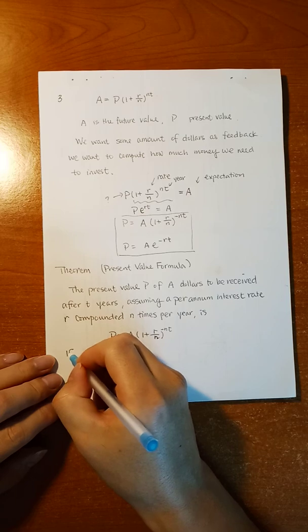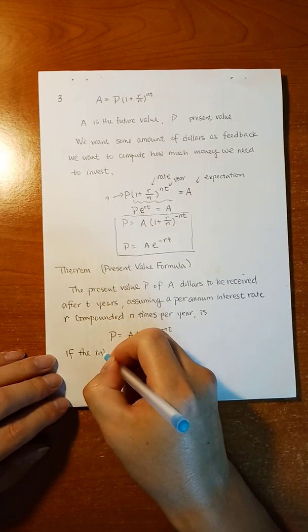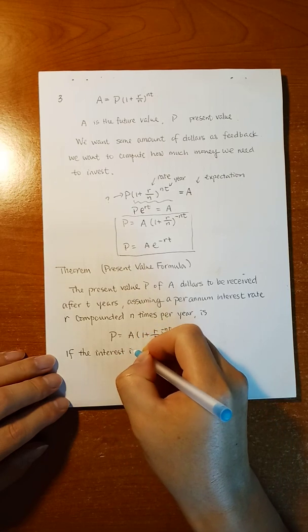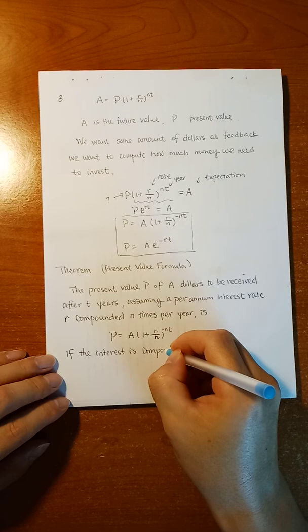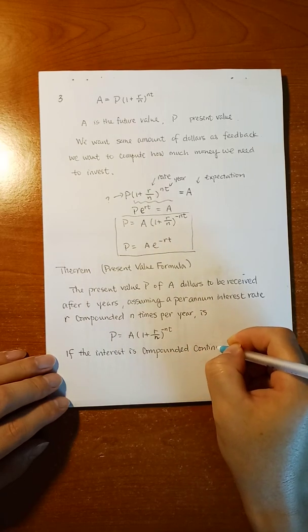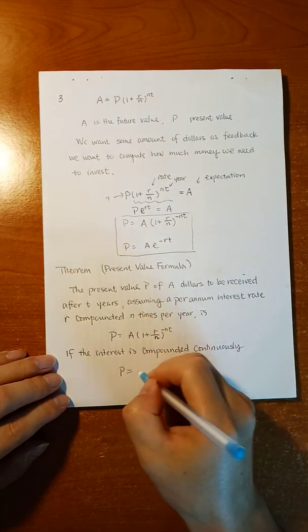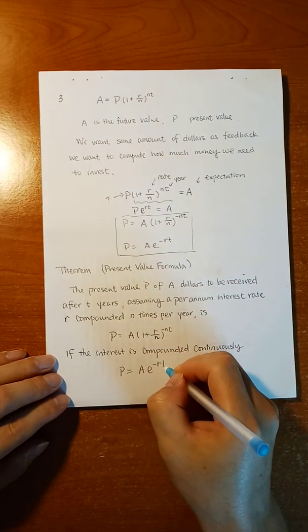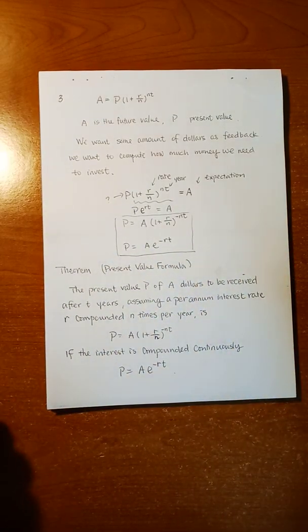If the interest is compounded continuously, the present value is A times e to negative RT.